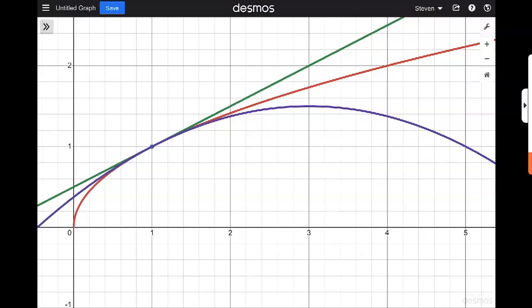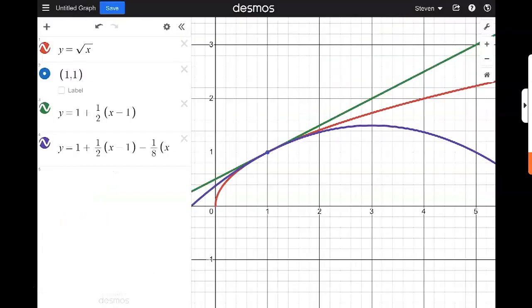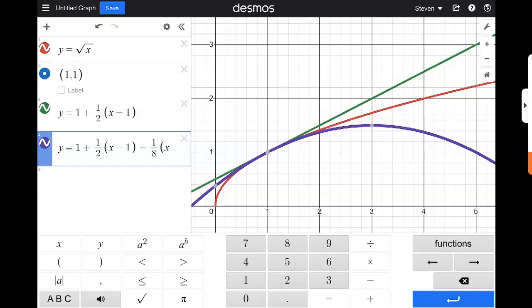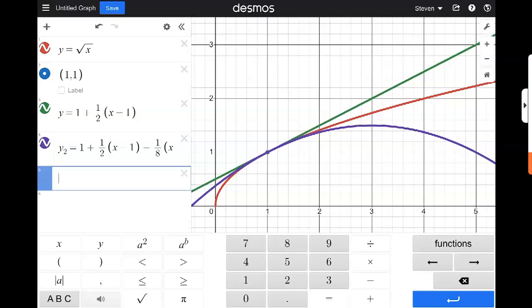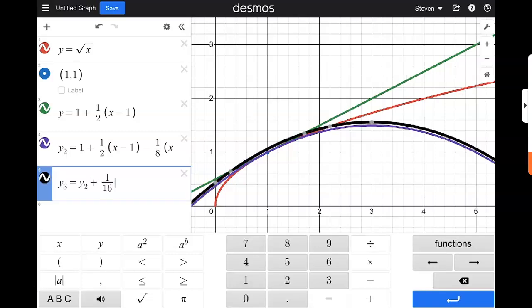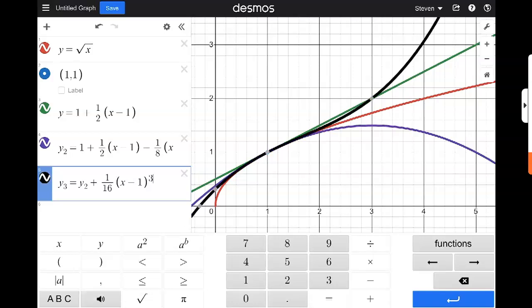And we can come back here, and I'm just going to do a quick little adjustment, call that y2 for the quadratic approximation of the square root. Now I'm going to come in here and do y3 is equal to y2 plus, and then I'm going to add on my last term, which is 1/16 times x minus 1 now to the third power.